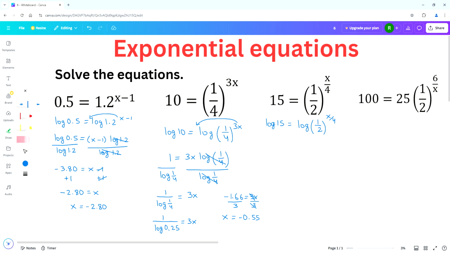Next, we can use power law of logarithms to bring the exponent x over 4 to the front of the log term. Next, we can divide both sides by log 1 over 2.